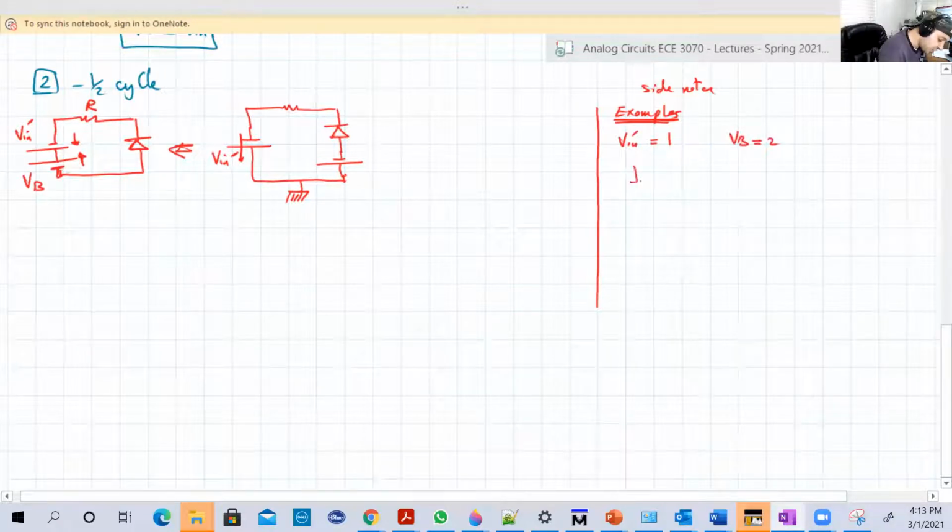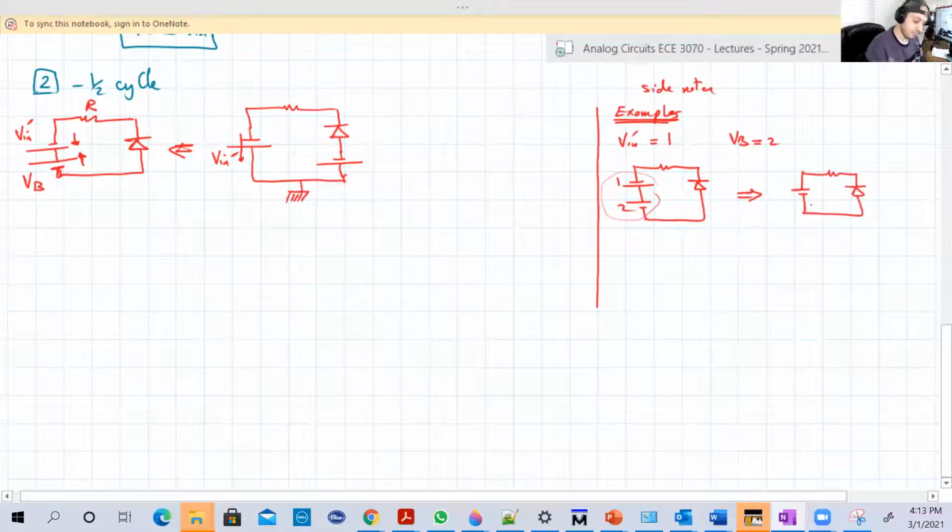So you have this situation, 1 and 2, and here is the diode. Is this forward or reverse? Let's check. These two will give you a battery going in that way, and the value is 1. This is basically reverse, and the diode is off.